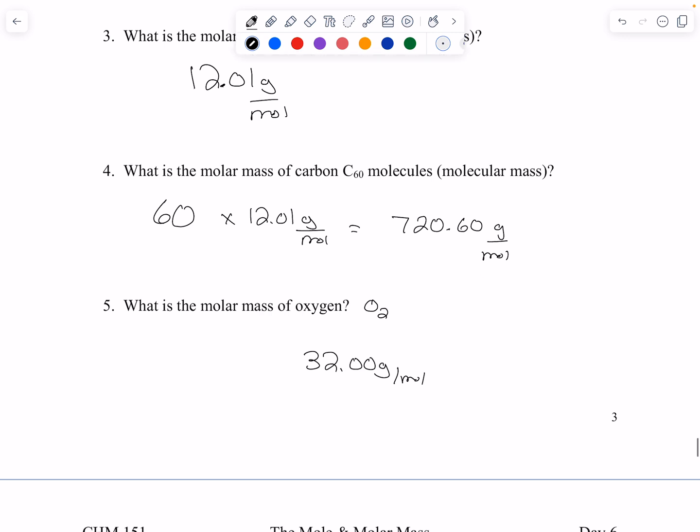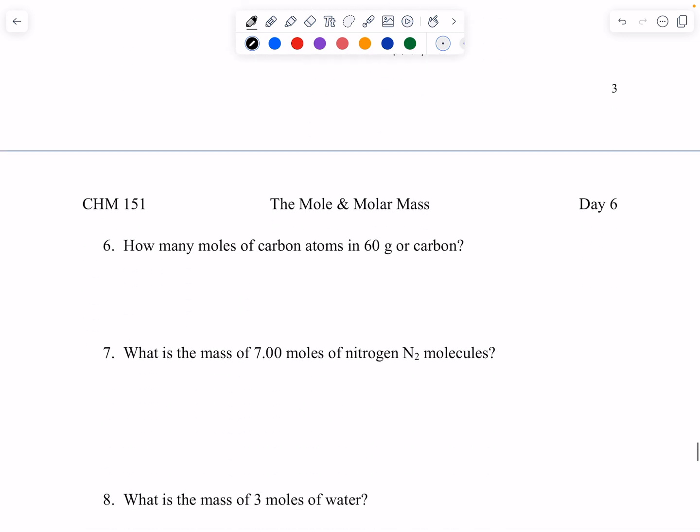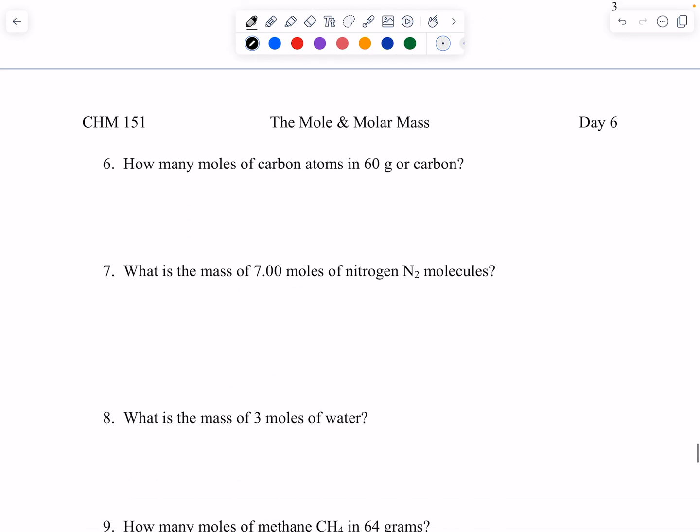All right. Number 6. How many moles of carbon atoms in 60 grams, it should say, of carbon? Well, if I start with my amount, so we look at this, highlight, 60 grams is my amount, and the question is, how many moles?